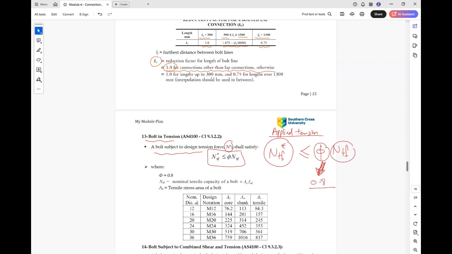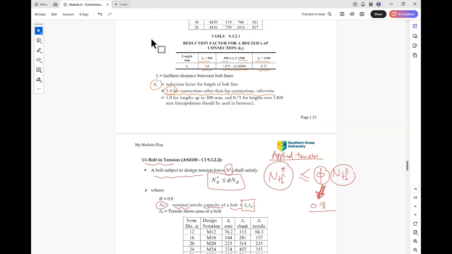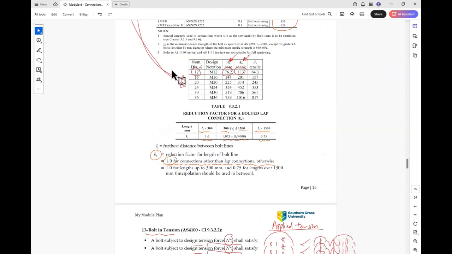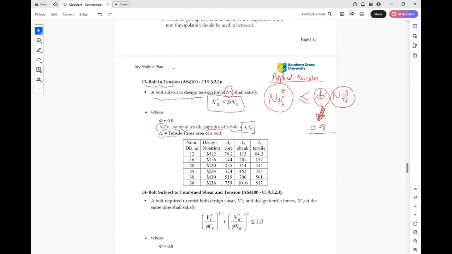and Ntf is the nominal tensile capacity of the bolt, equal to As, the tensile area of the bolt, times fuf, where fuf again from this table is the ultimate tensile strength of the bolt, and As, the tensile stress area of the bolt, can be found depending on the size of the bolt from this column here.